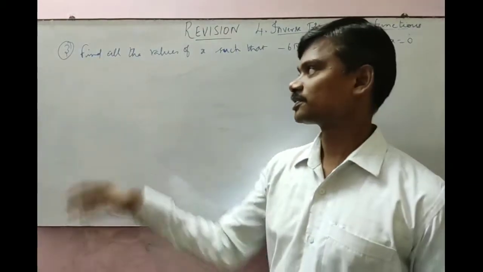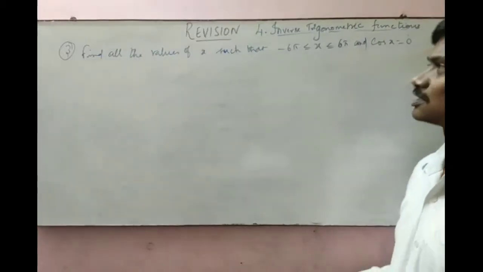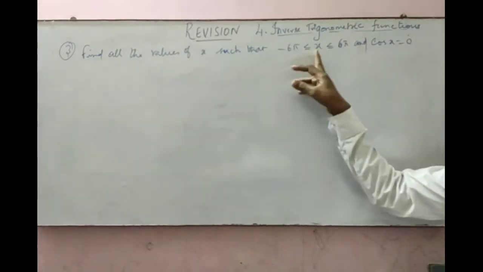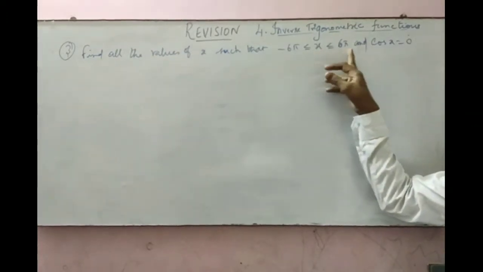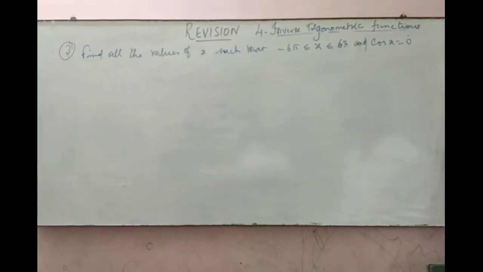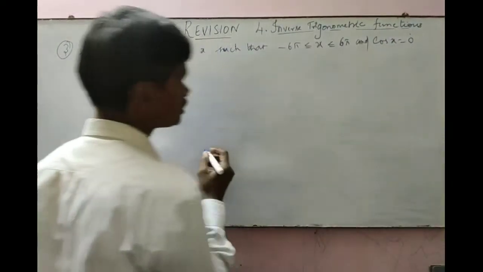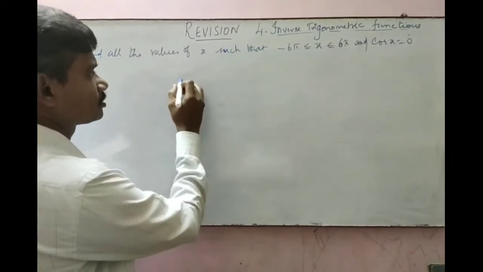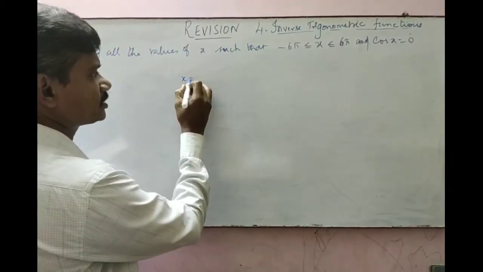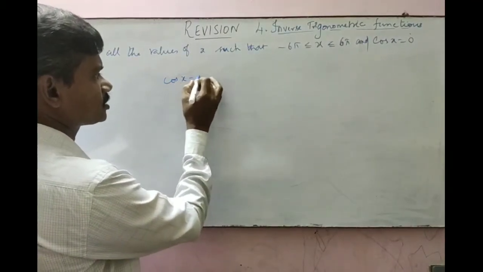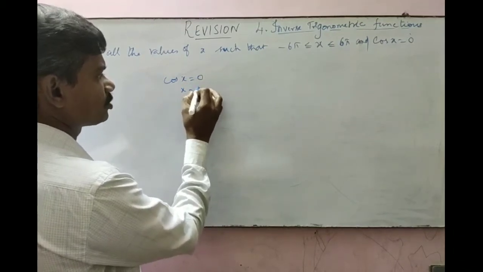Next, the third sum: find all the values of x such that minus 6 pi less than or equal to x less than or equal to 6 pi and cos x is equal to 0. Cos which degree is 0? You know that cos 90 degree is 0. Cos x is equal to 0 means x is pi by 2.